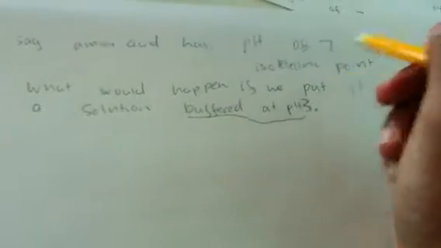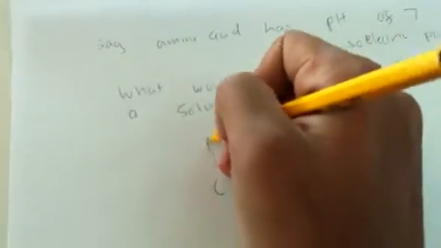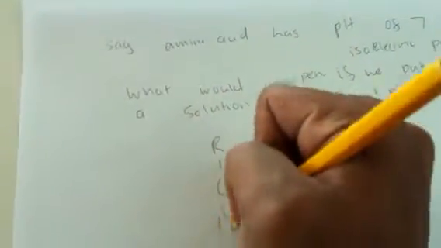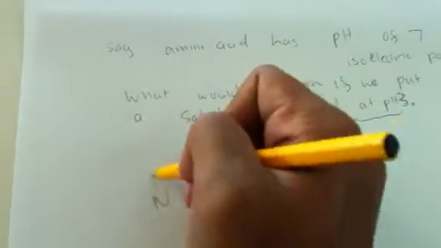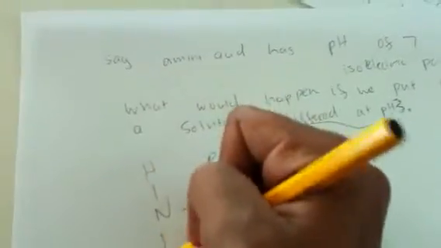So our amino acid, you should be able to rattle off the structure now because I've drawn it so many times. What's happening is the amino acid will react to whatever pH the solution is in. So pH 3 is an acidic solution.